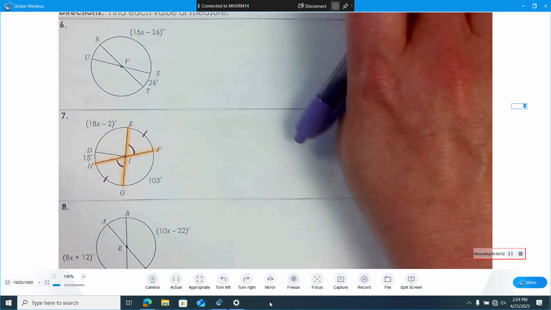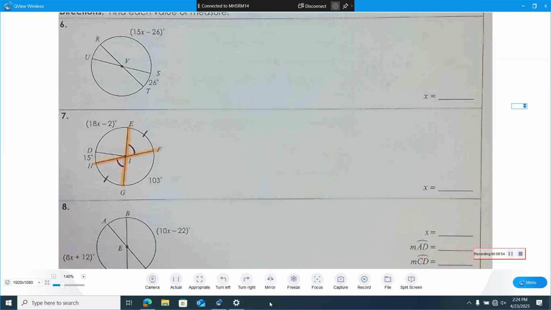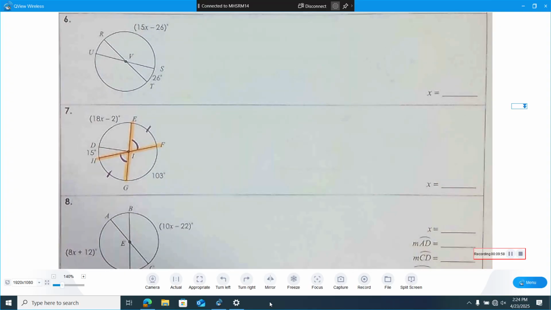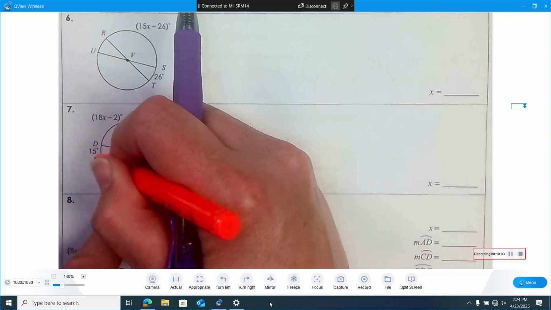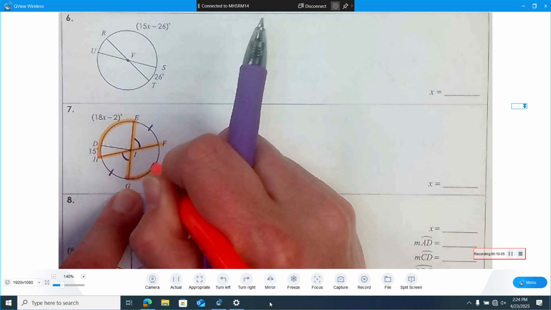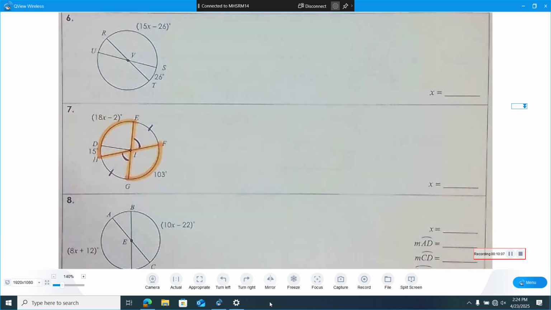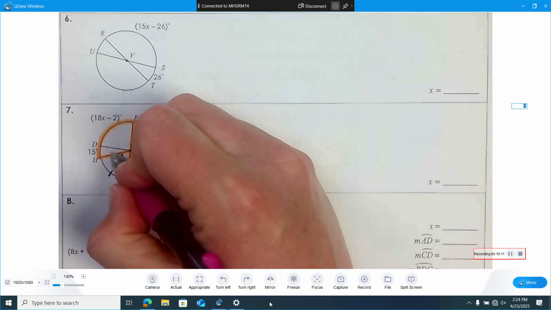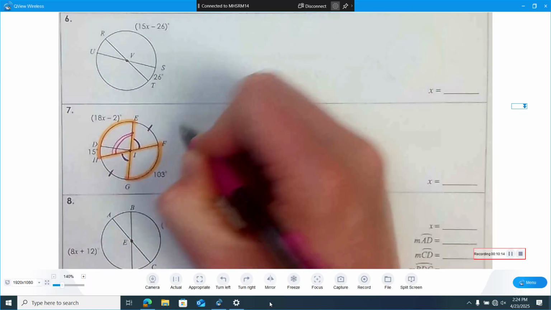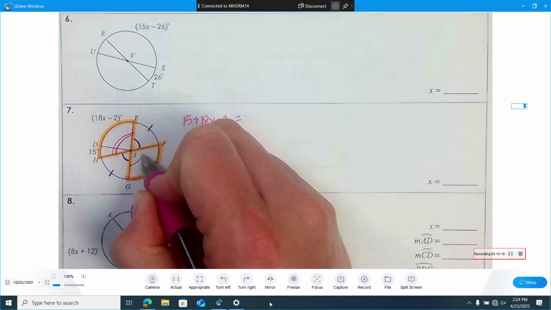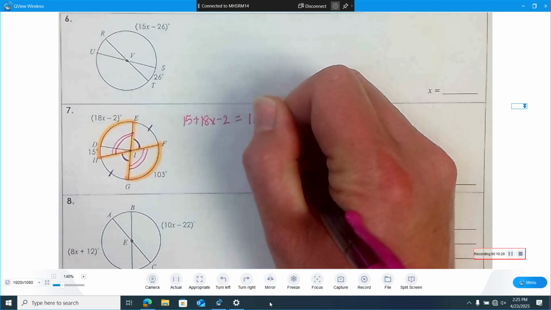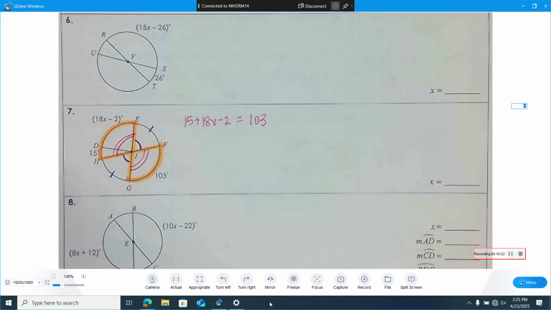All right. So what are we going to do to figure out x here? Excellent. So we have other vertical angles here. These arcs are also congruent. So yeah, these whole angles, 15 plus 18x minus 2, is equal to this 103-degree arc.